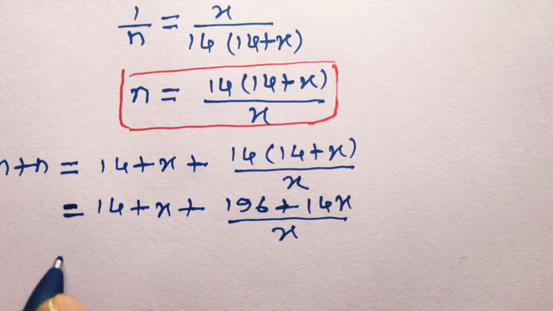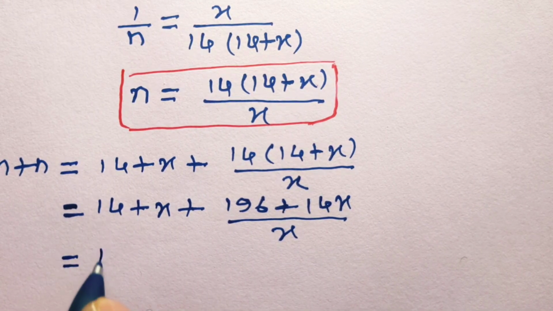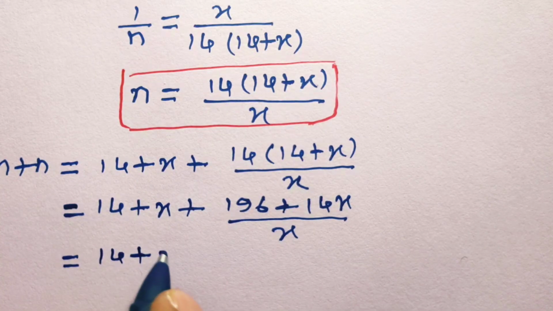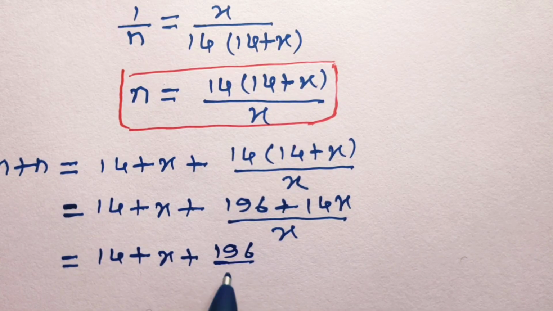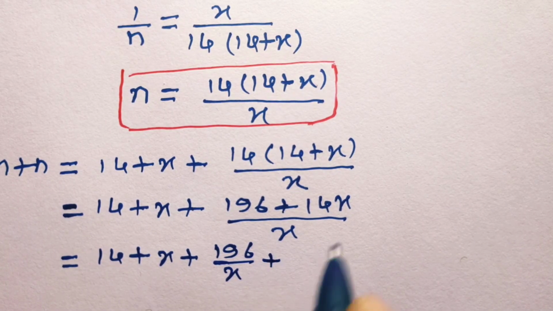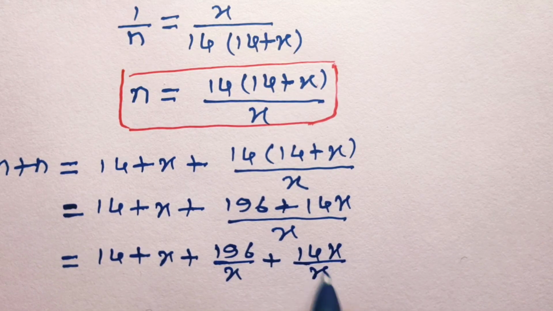So m plus n can be written as 14 plus x plus 196 divided by x plus 14x divided by x.